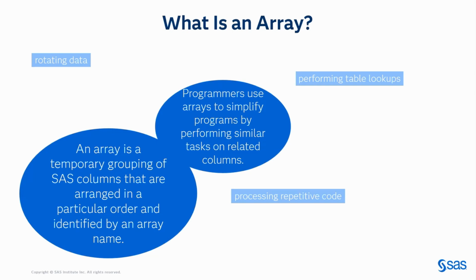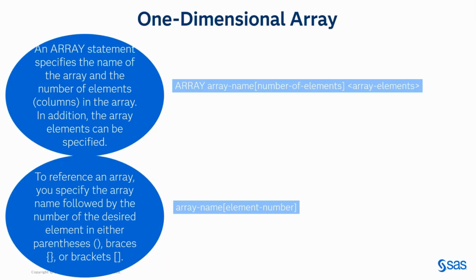So we can have arrays in 1 dimension or in 2 dimensions. An array expression specifies the name of an array and the number of elements and columns in the array. And in addition, you can specify array elements. An array is entered into a data set by first defining the array and then referencing the array.